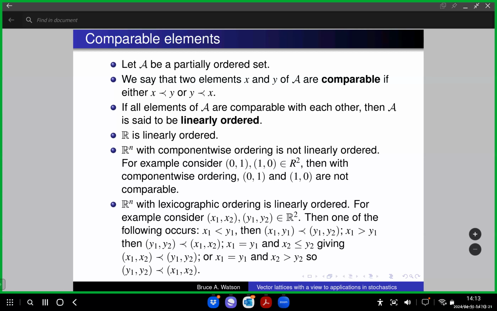If x1 is equal to y1, we progress and we look at the second components. If x2 is less than y2, then the vector x is a predecessor of the vector y. If x2 is greater than or equal to y2, then y is a predecessor of x. So they are always comparable.